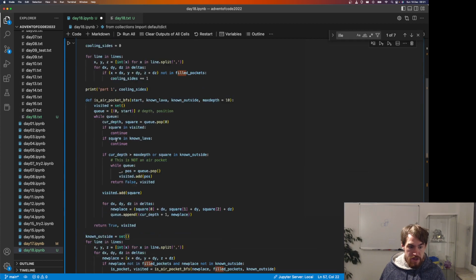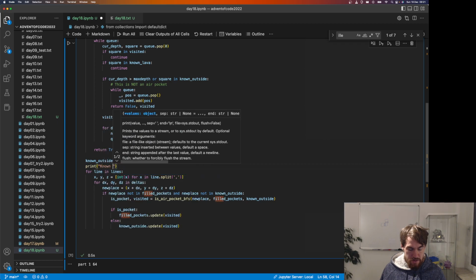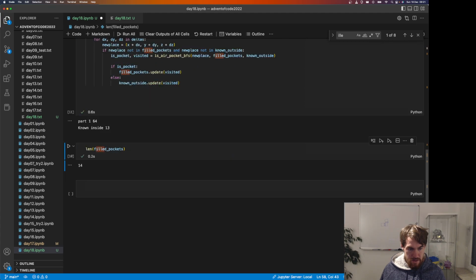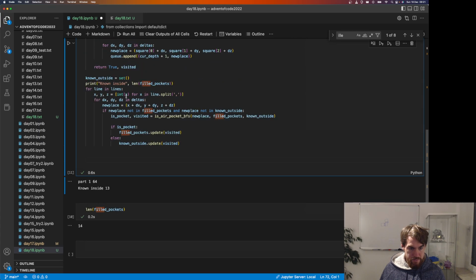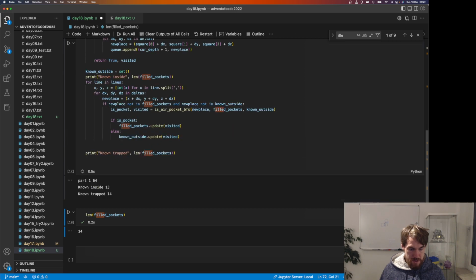We have 13, right? Print known inside, known trapped 14.